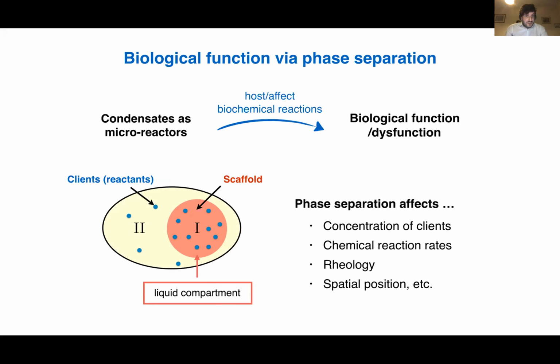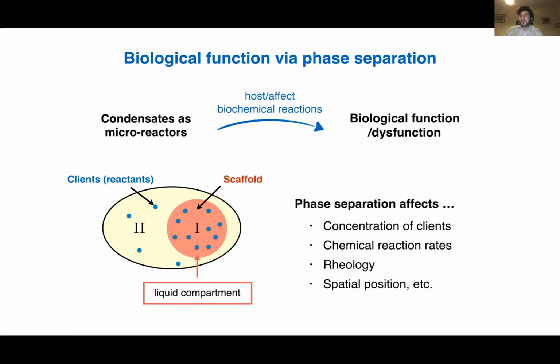And the way they do that is by providing a scaffold that, for example, can concentrate the reactants, which are called the clients. And so phase separation can affect the outcome of these reactions in a variety of ways. So for example, you could concentrate the clients, hence speeding up the reaction.